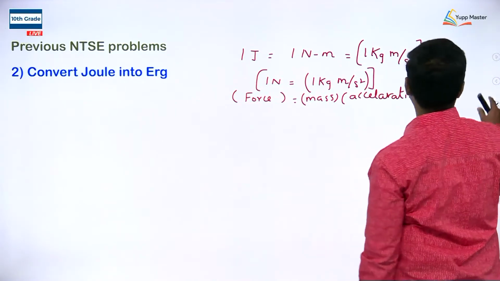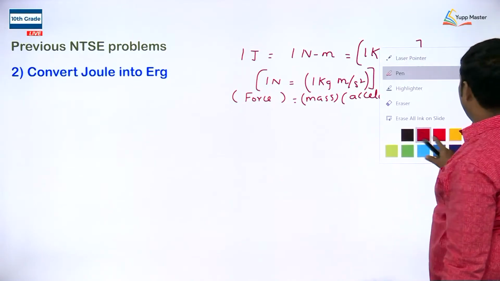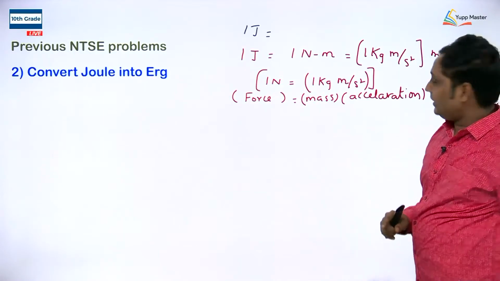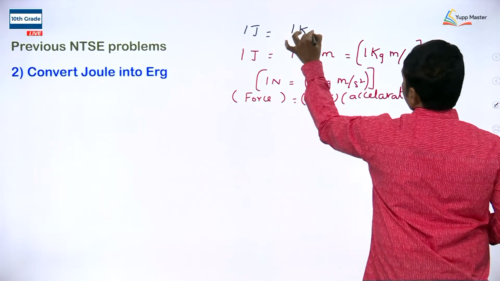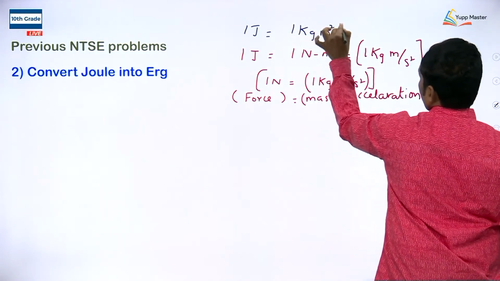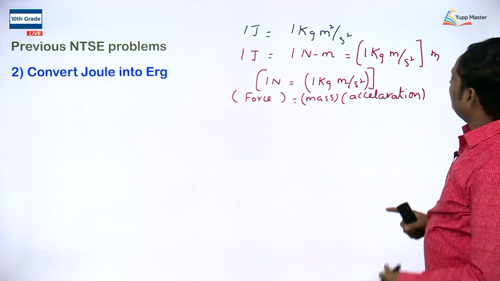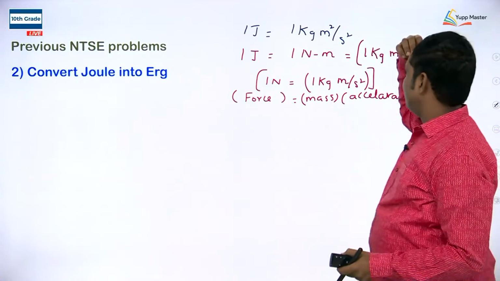So finally, 1 joule is equal to 1 kg meter square per second square. You are going to convert this into erg.